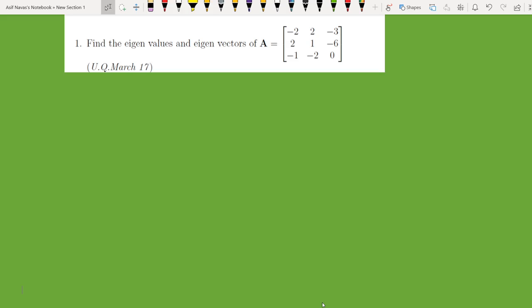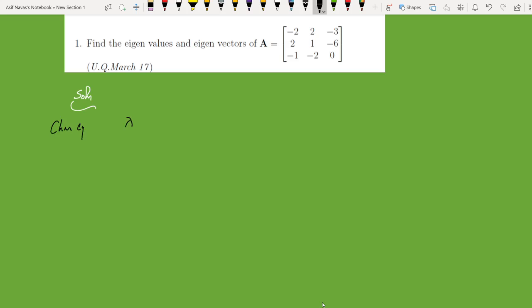Have you written that problem? Okay. So, solution. First we will find the characteristic equation.